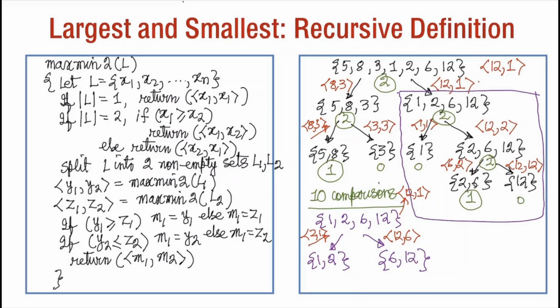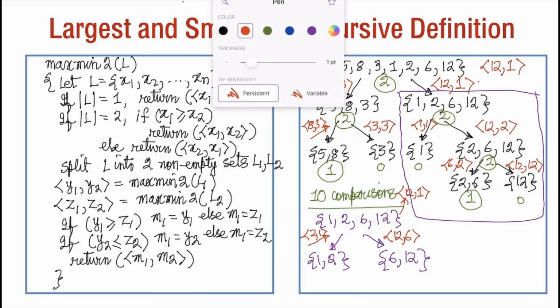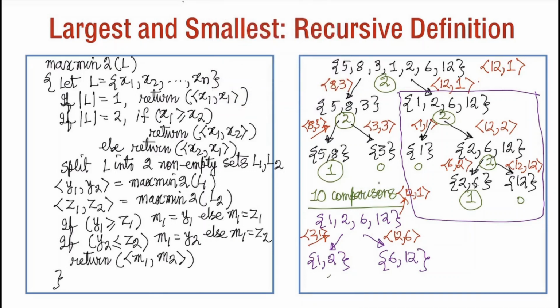But if you notice, this will require 1 comparison, this will require 1 comparison, and this will require 2 comparisons, which means that this block, by a different split, will require a total of 4 comparisons, whereas this block had required a total of 5 comparisons.